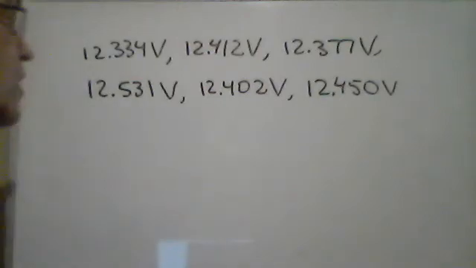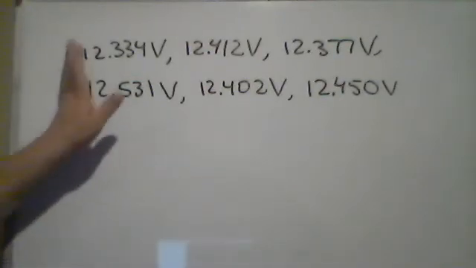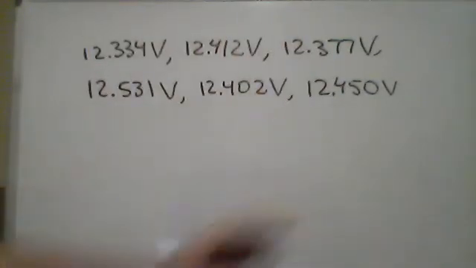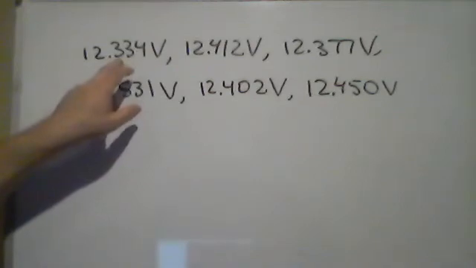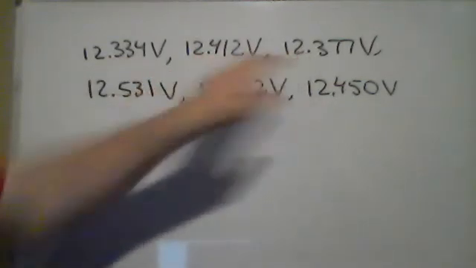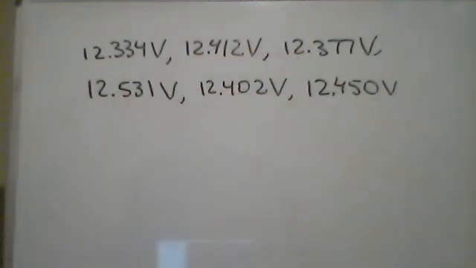So you look at it and say, okay, well, definitely I always see 12 point, right? But where I start seeing things vary is on this next digit, the 3. Here it's a 3, 4, 3, 5. I mean, that's where I'm starting to see variation. That's where I'm having my first measure of uncertainty.